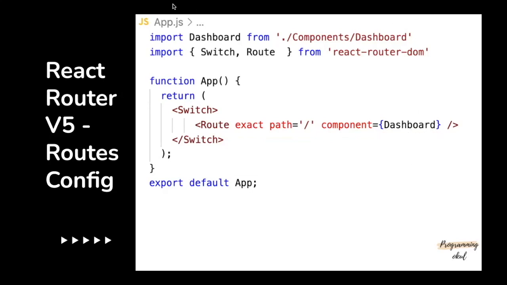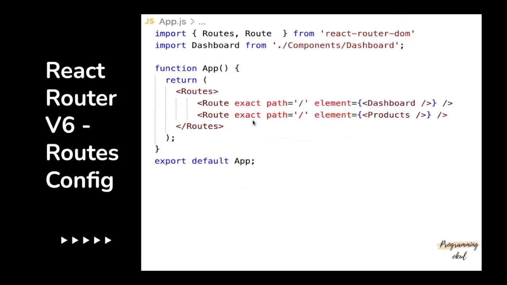Now, what is the difference in version 6? Let us look at the route configuration of React Router version 6. In version 6, there is no Switch. Instead, it is replaced with Routes. So you can see that now there is no need to use Switch.